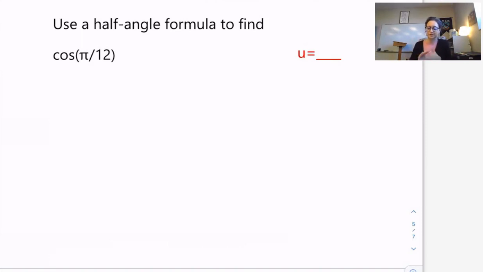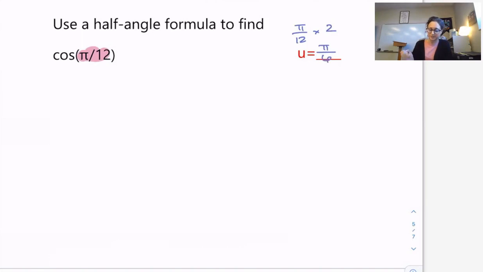If you look at your half angle box there for your formula sheet, notice that it is like sine or cosine or tangent of u over 2, okay? So if I want to figure out what u is, I actually need to take my argument here and multiply by 2. Okay, so if I take pi over 12 and multiply by 2, I get 2 pi over 12, which reduces to pi over 6.